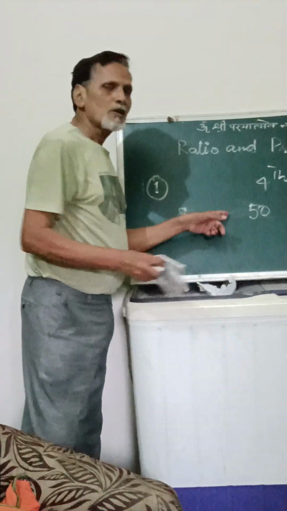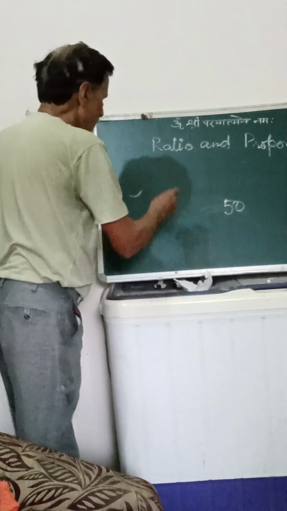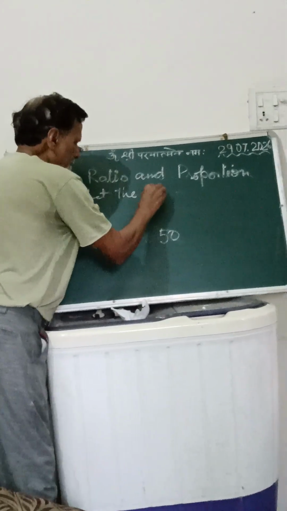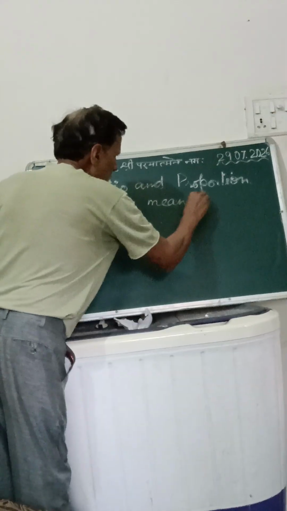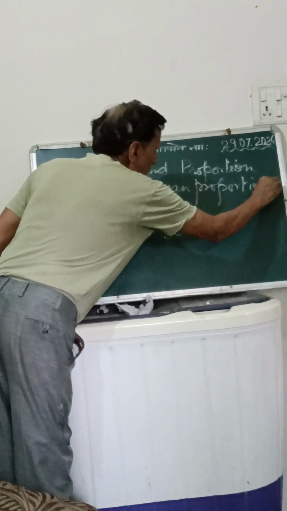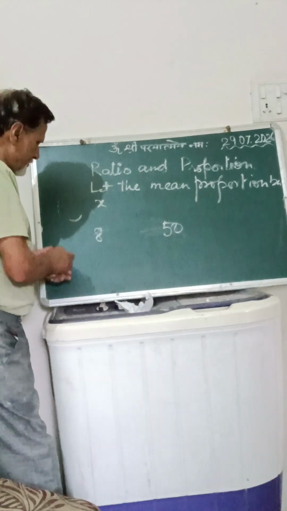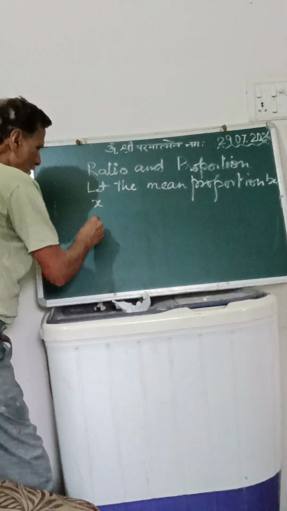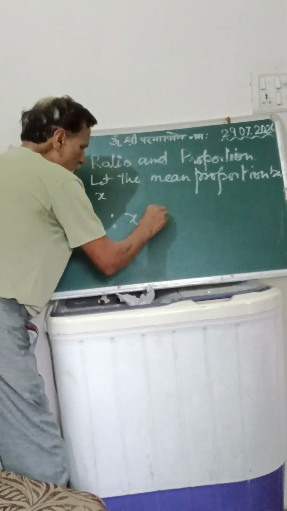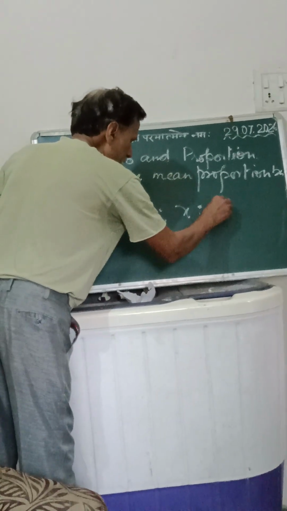To do this, we shall let the mean proportion be x. Now it is written 8 is to x as x is to 50.